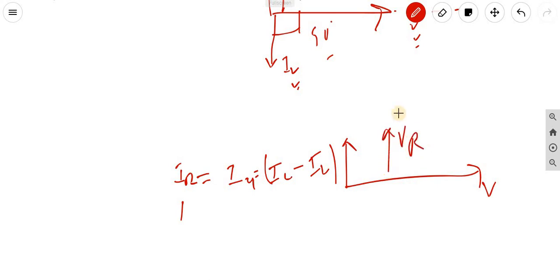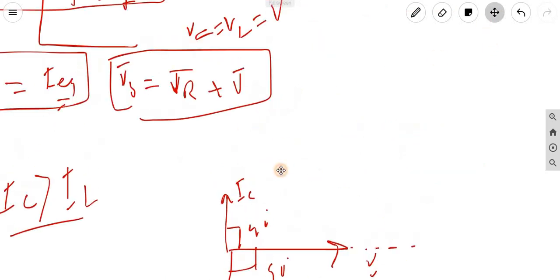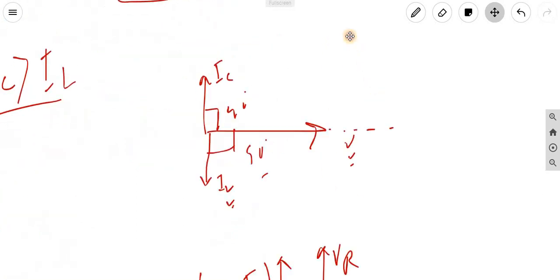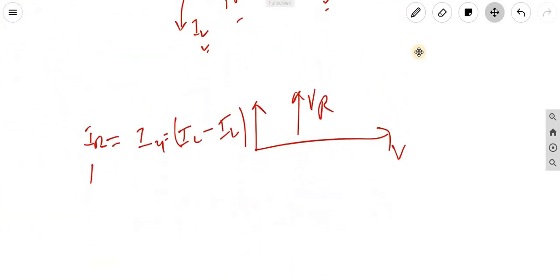Okay, now what could we get? There is the equation Vs equals VR plus V. So what would be the representation of VR and Vs? Suppose VR is in the same direction.